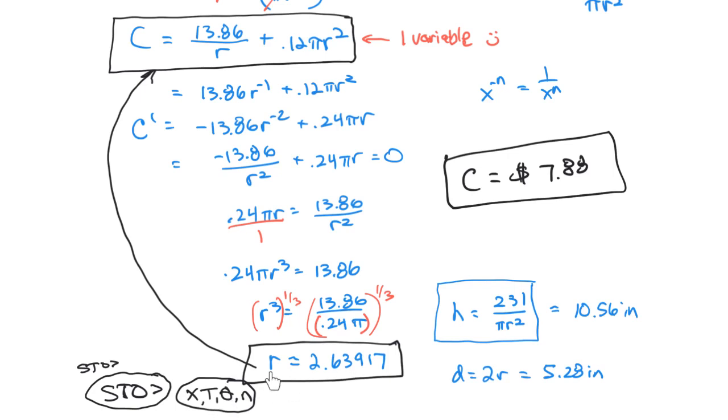You'll have a whole bunch of decimal places in X, and then you just type in your calculator 13.86 divided by X plus 0.12 pi X squared, and you'll get the answer. This technique eliminates errors really easily. Whenever you get this answer, hit stores in X, and then type this formula, but wherever you see an R, put an X. Order of operations works out nicely, and you just get your answer.